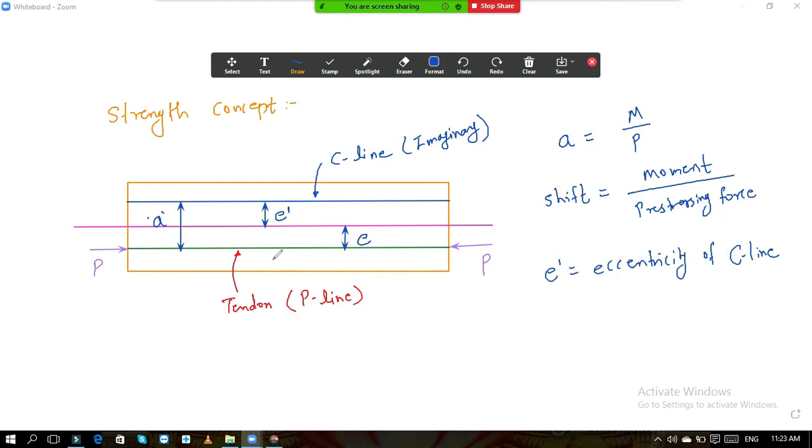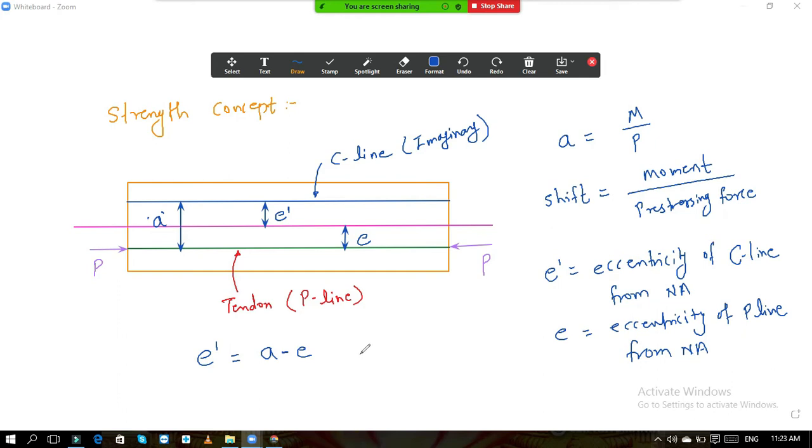This is the P line, the tendon line, the actual line where you have placed your steel bars. e is the eccentricity of the P line from the centroidal axis, e dash is the eccentricity of the C line from the neutral axis, and a is the shift that I have already told you. So e dash is equal to a minus e.